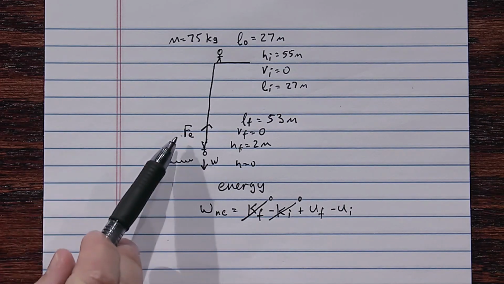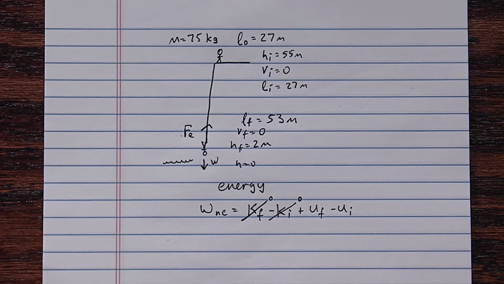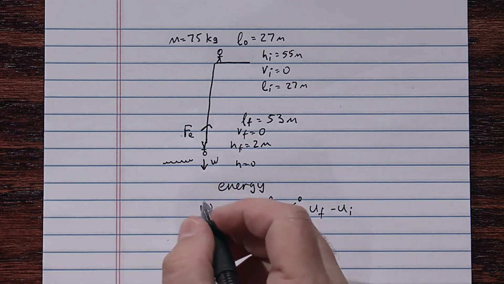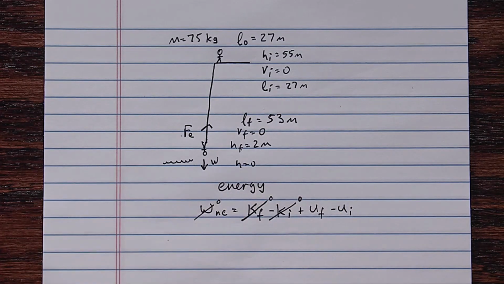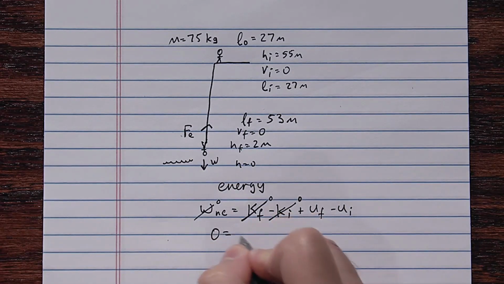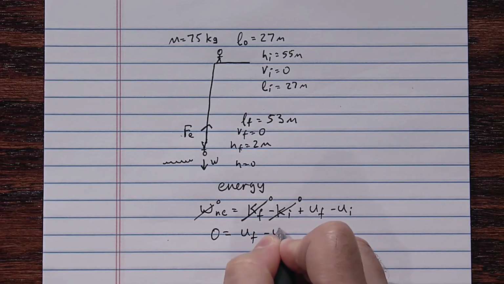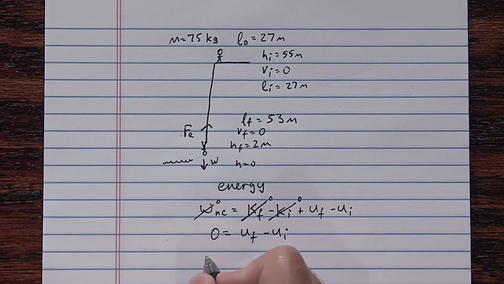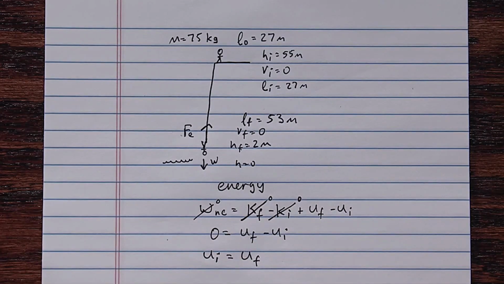So both of these forces are conservative forces. If we neglect friction, such as air resistance, then there are no non-conservative forces acting on George, so the work done by non-conservative forces is zero. So we have zero is equal to potential energy final minus potential energy initial, or potential energy initial equals potential energy final.